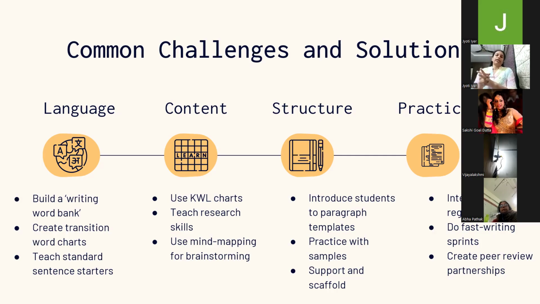Coming to content. Now here what happens is often children, especially younger ones, don't know what to put, what not to put in their information, right? So what we start by doing is we teach them the KWL charts. KWL is, this is what I know, this is what I want to know, and this is what I learned.